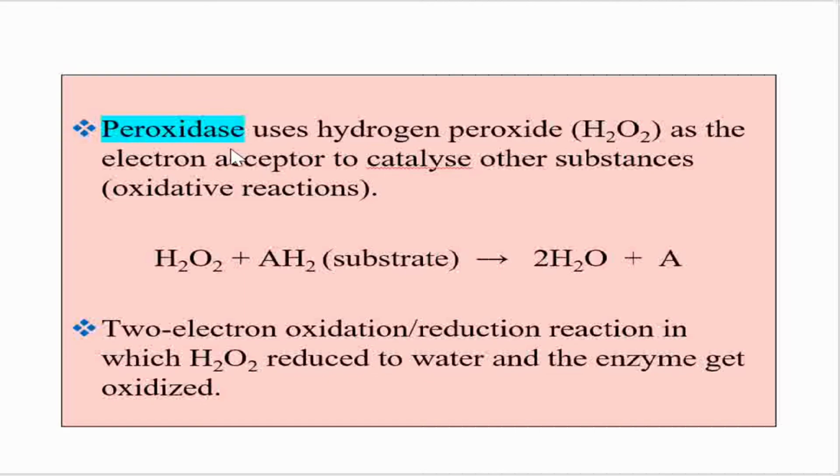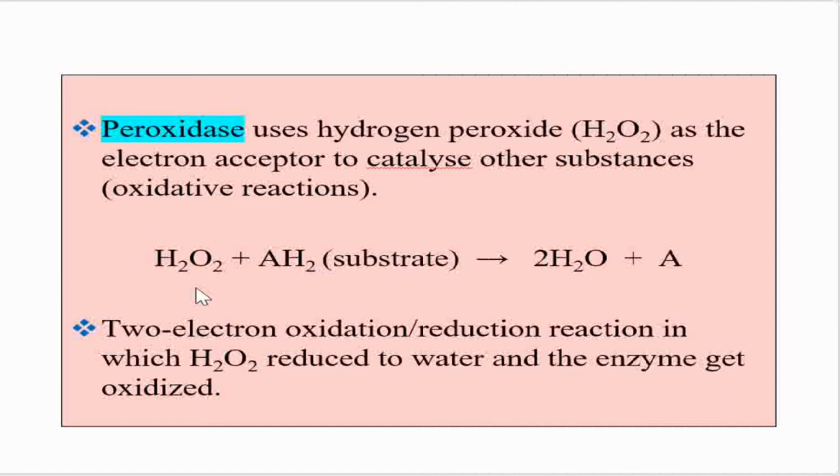Now, if we see the action of peroxidase, it uses hydrogen peroxide as an electron acceptor and oxidizes other substances. In this reaction, hydrogen peroxide is reduced to H2O so that it oxidizes the other substrate.